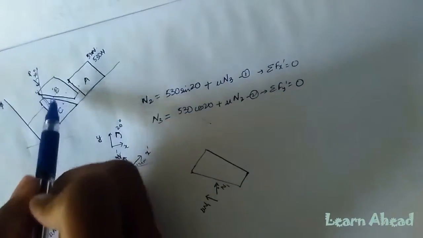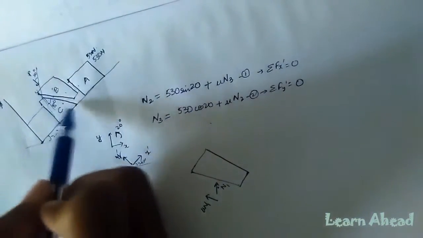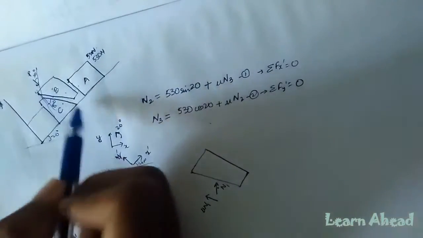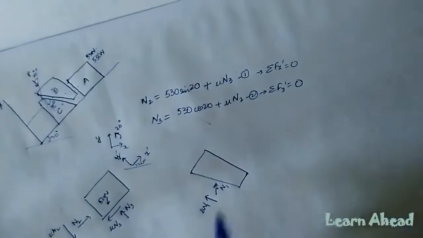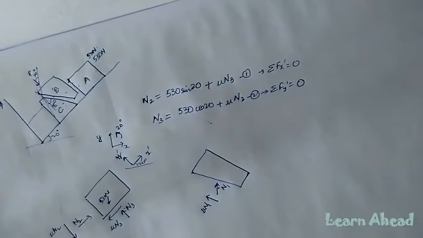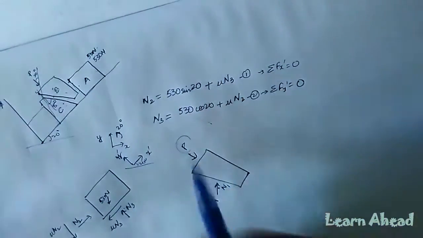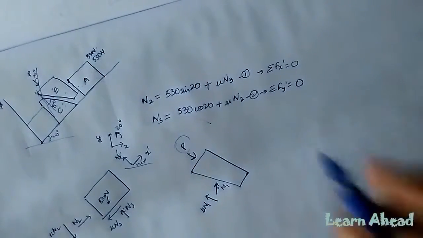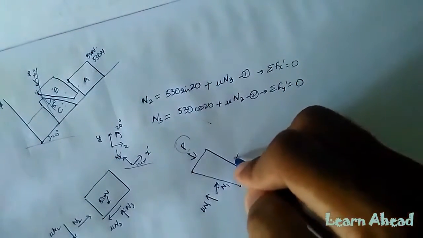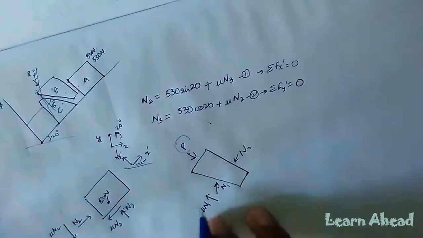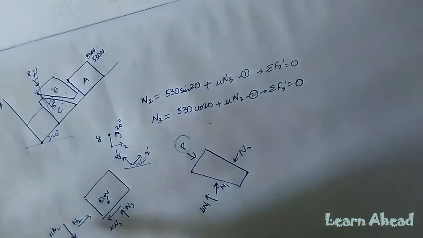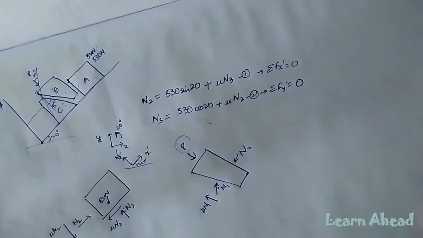Likewise, this will exert a downward force mu N1 on C because it wants C to be dragged downward. So this is just action reaction force, the same thing we have done here. Now a force P is acting. This is what we are going to find out. And N2 action reaction forces. Here just notice that N2 was acting on this block, so here on this block action reaction forces, Newton's third law.